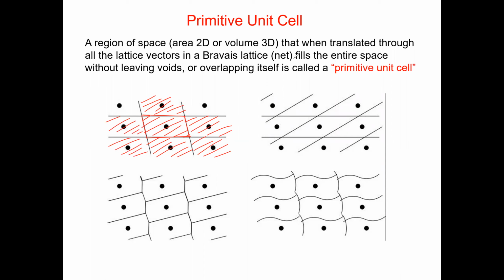And notice that they all fill the entire space, right? Same as this set of the primitive unit cell. Same, fill the entire space without leaving voids or overlapping itself. Same as this shape, right?